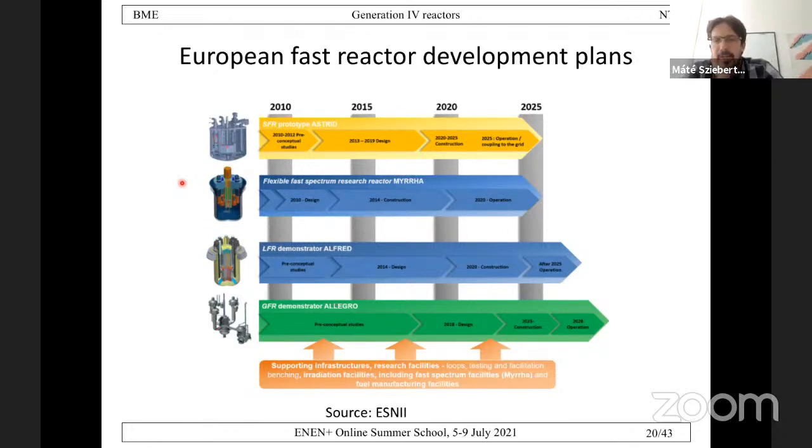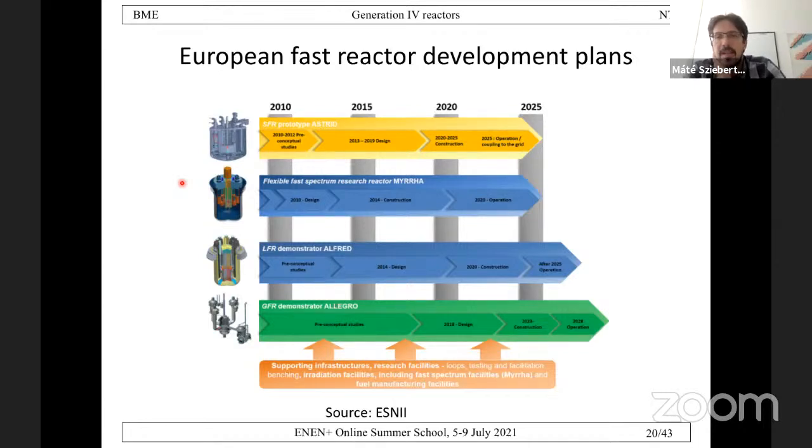Sodium cooled fast reactors do operate today, so they are quite a proven, feasible design. There is a really big advancement with lead cooled fast reactors, and I think this is really superior.